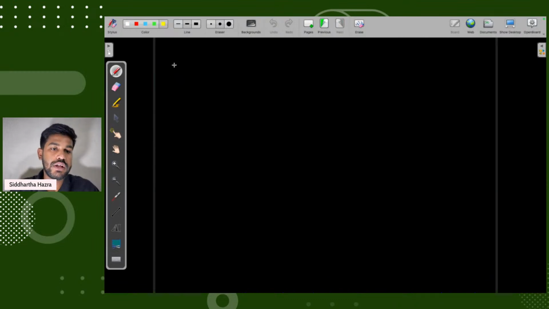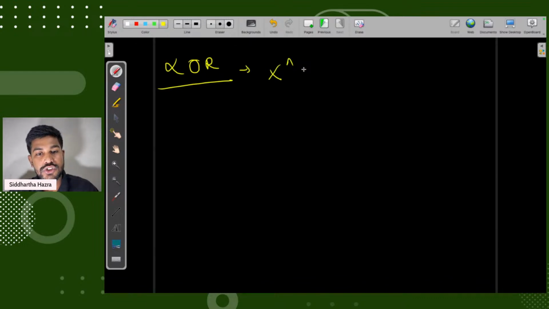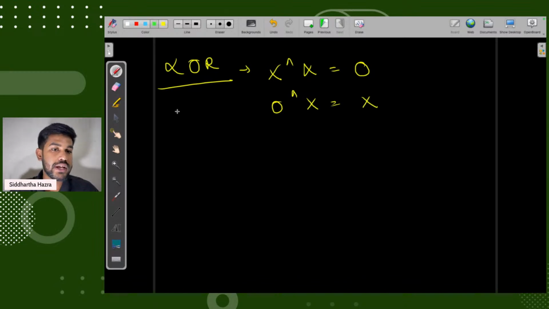I would tell you some XOR properties that need to be remembered: x XOR x is equal to 0, and 0 XOR x is equal to x. How does this happen? This happens because if two bits are different, then the value is 1. If two bits are the same, then the value is 0.